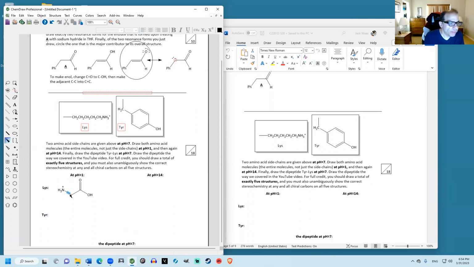And then recall when in this shape, the hydrogen is pointing out and the side chain pointing in. So the hydrogen's on the wedge bond and the side chain on the dotted bond.